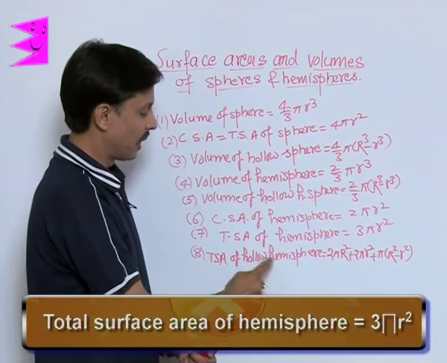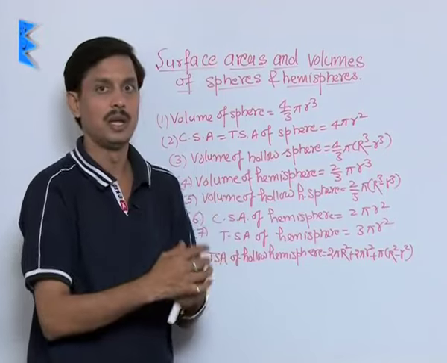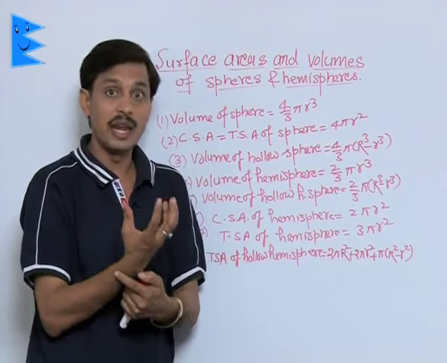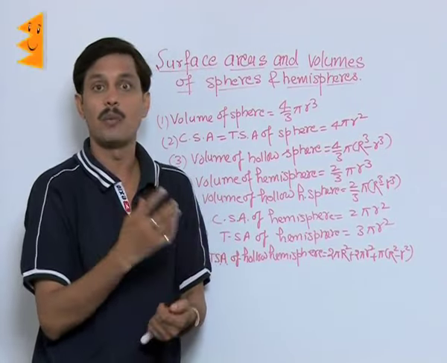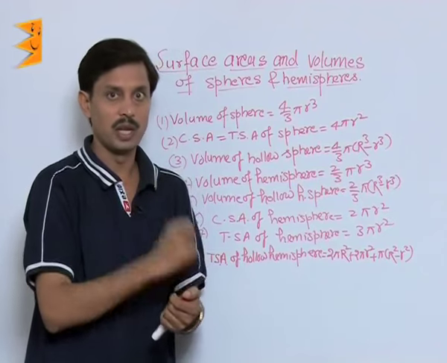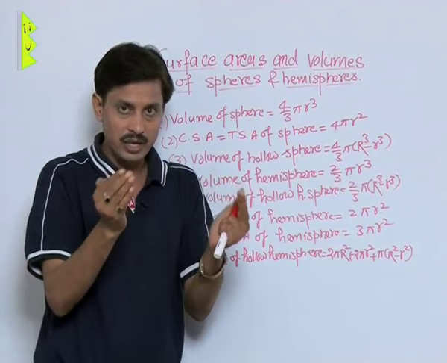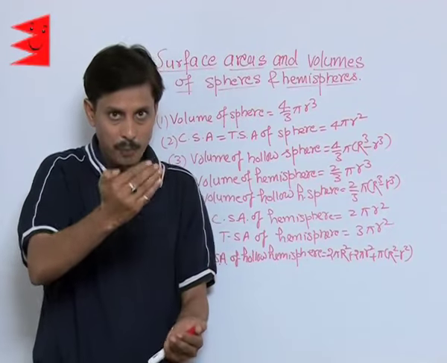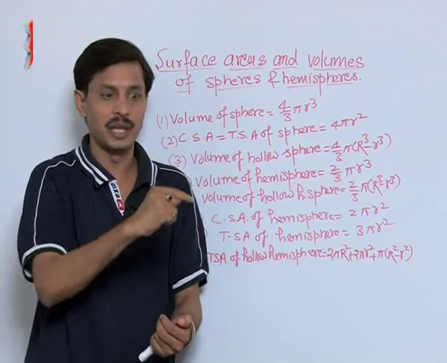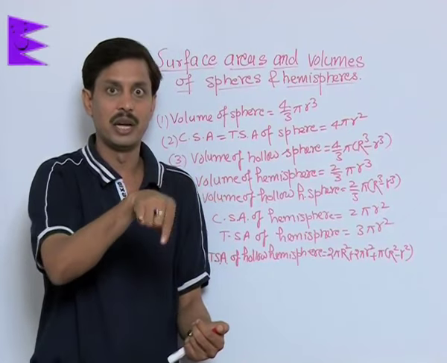Now, the total surface area of a hollow hemisphere, if any hemisphere is in the shape of a bowl of some thickness. What is the total surface area? It is its external curved surface area plus its internal curved surface area plus the area of the edges, that is the ring.